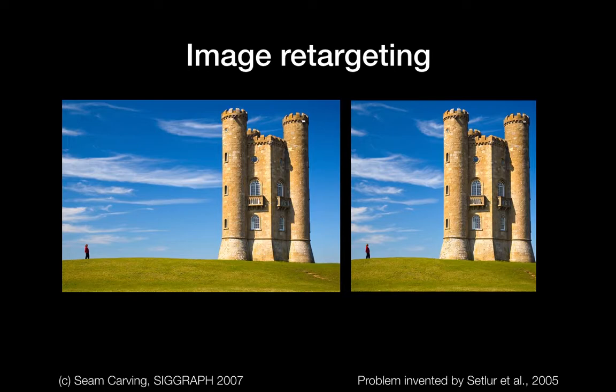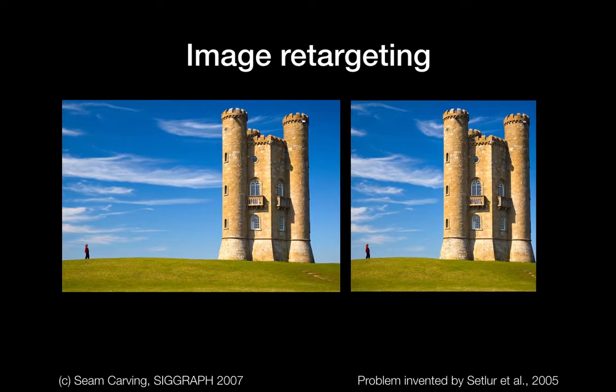So you have to scale them appropriately, and not scale them so that information gets jammed in places where it's not important. For example, here you don't care about how much grass is on the ground, you care about the person and the building. So it's good to remove this and keep the person and the building. You can look at it on a web browser, and when you put it on a mobile, you can retarget it in that way.